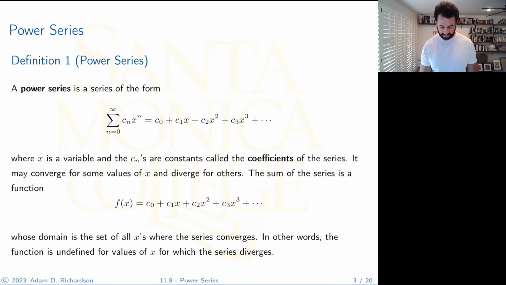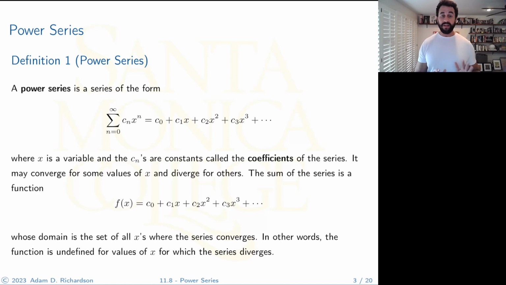So if I go back to this for just a minute here, this is c0 times x to the 0, which is 1, c1 times x to the 1, c2 times x squared, c3 times x cubed, c4 times x to the fourth, and so on. So what's going on here is we have some constant coefficients, and then we have a variable x that's being raised to a power, right?